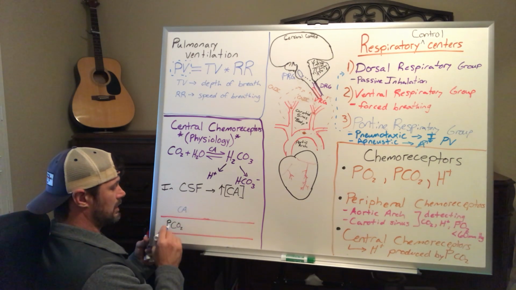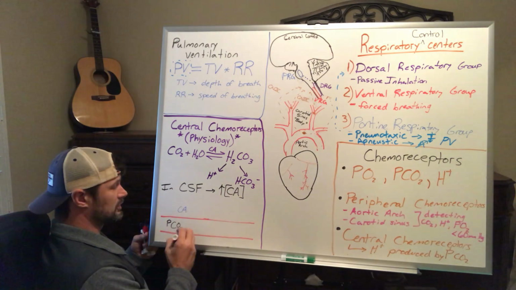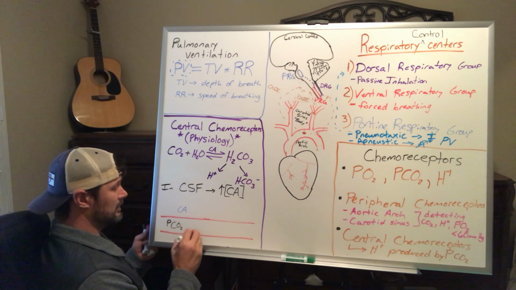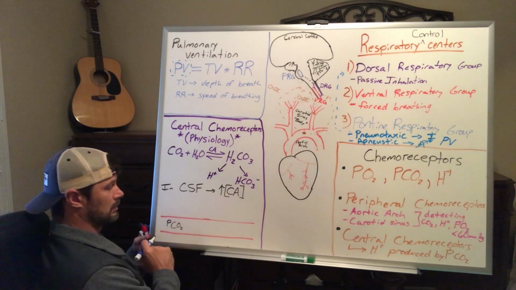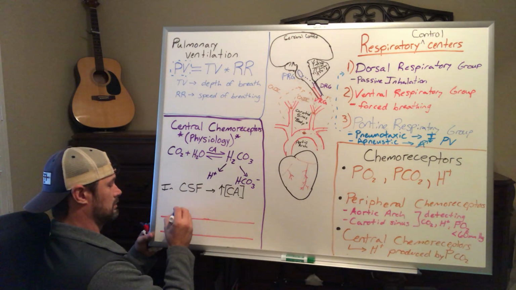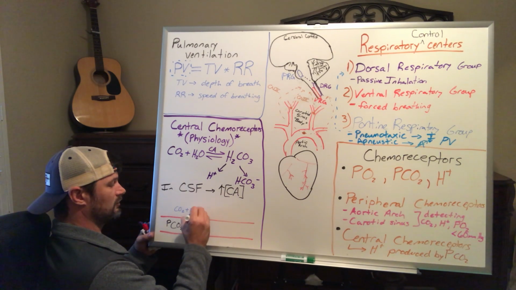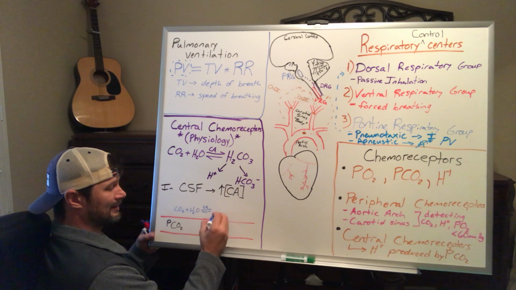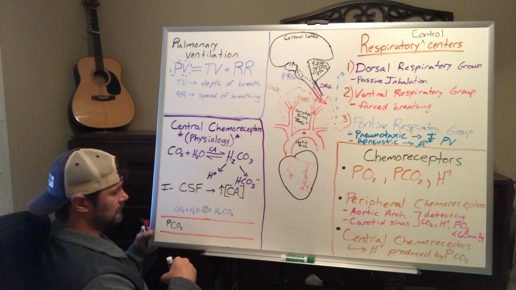Well, what did we say, right? The blood flows into the brain. Inside of the brain, we have cerebral spinal fluid, and therefore we have a lot of carbonic anhydrase. And wherever we have carbonic anhydrase, then we could write our formula. CO2 plus water, lots of water in our CSF, and the presence of carbonic anhydrase makes carbonic acid.